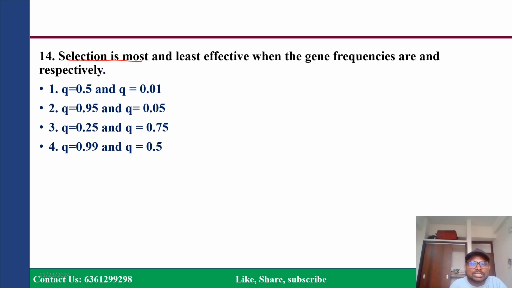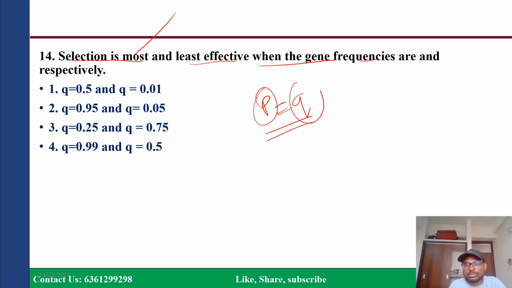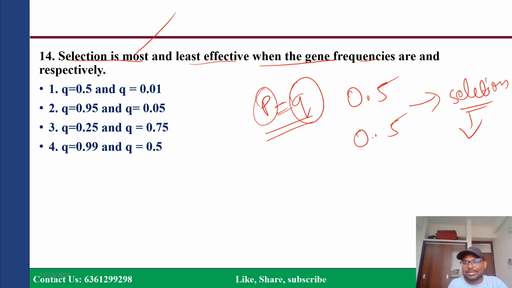Then, selection is most and least effective when the gene frequencies are, respectively? For example, selection is best when your alleles P and Q are equal. If P is 0.5 and Q is 0.5, then your selection will be high. Why? Please read the chapter, and watch my video on selection components on YouTube. Then you will get it.